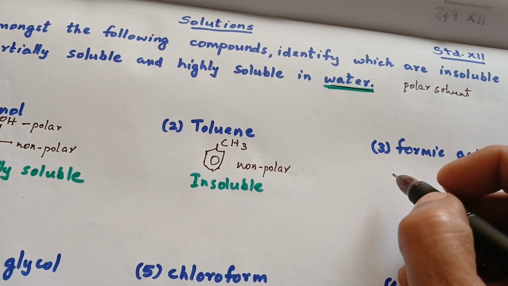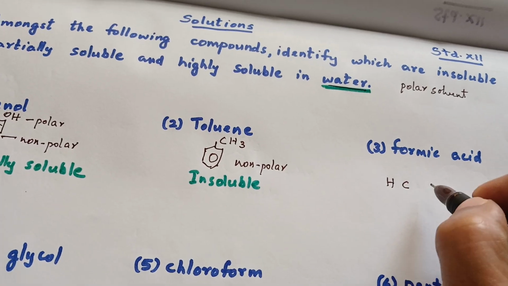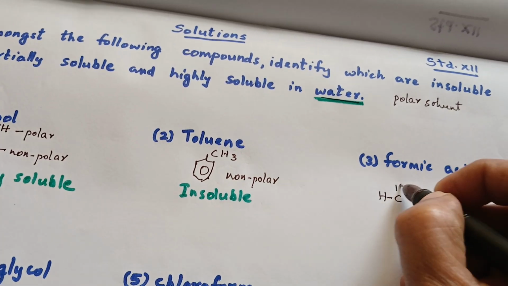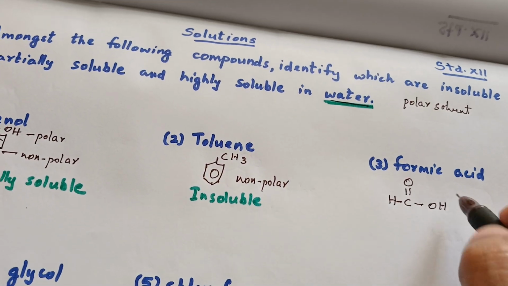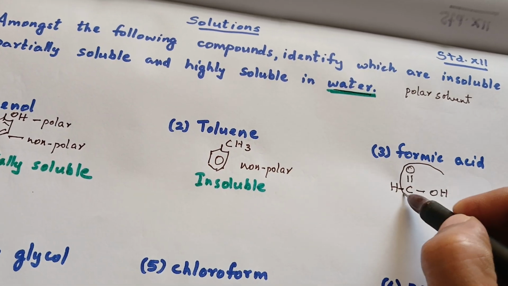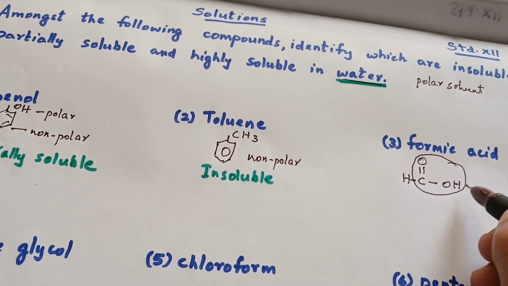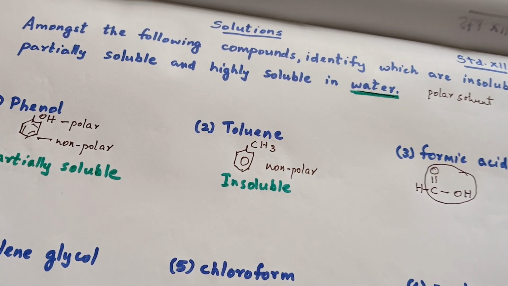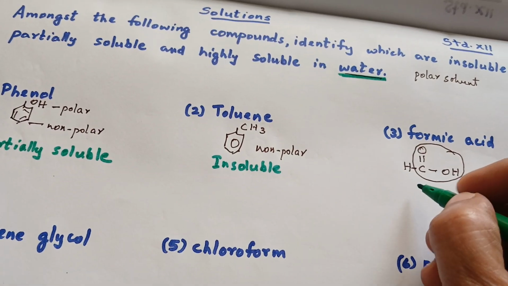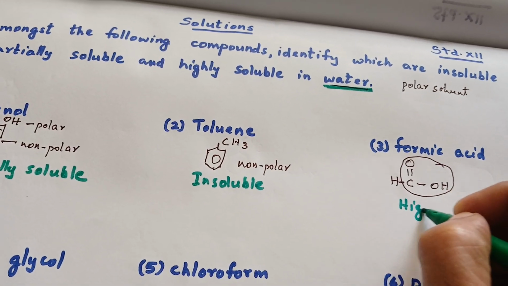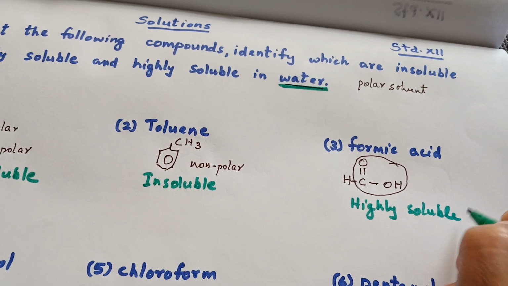Next is formic acid. Formula is HC double bond O OH. So this is of polar nature, highly polar, this carboxylic group. Due to the presence of this highly polar carboxylic group, formic acid is highly soluble in water.